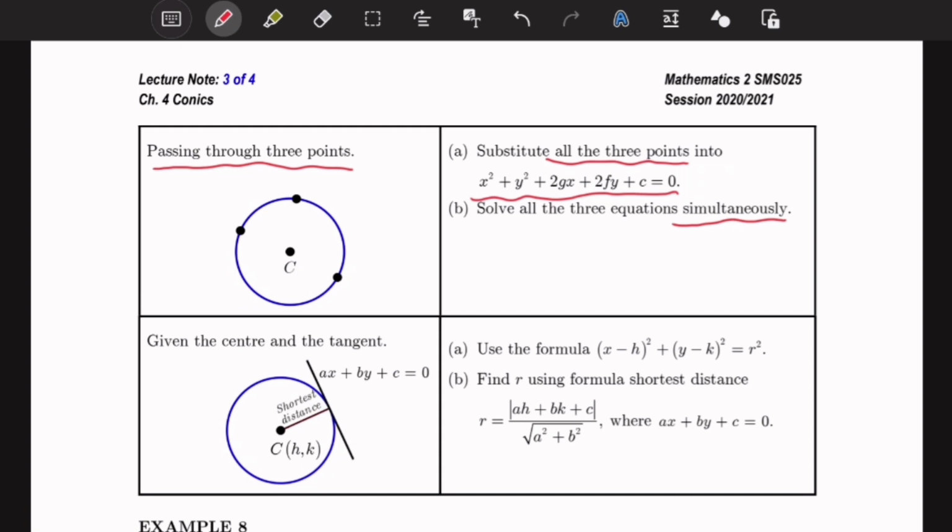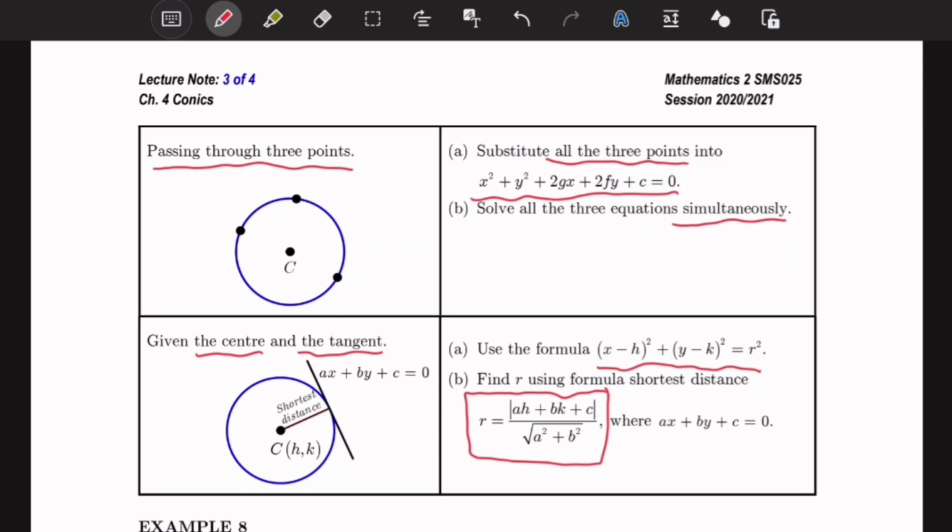The fourth case, if given the center and the tangent, first we use the standard equation formula and then we need to find r using the shortest distance formula, which is r equals the modulus of (Ah plus Bk plus C) divided by the square root of A squared plus B squared.